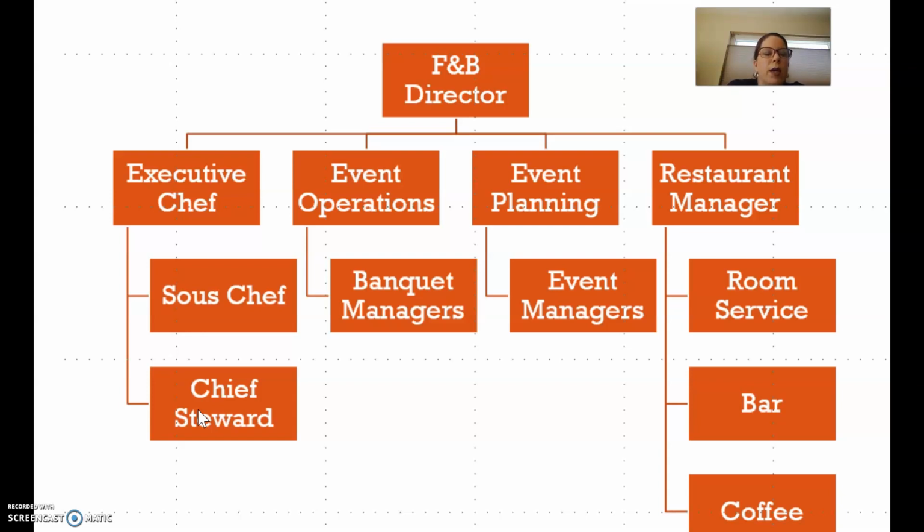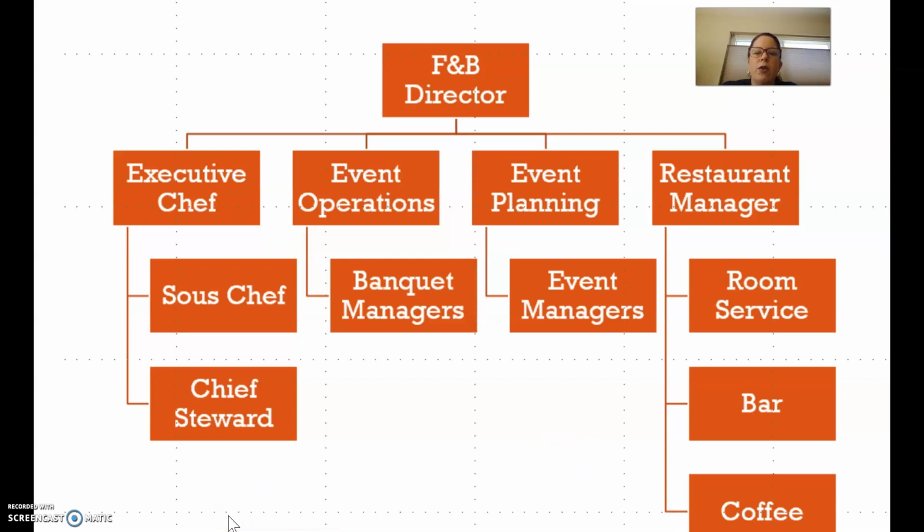That could be a restaurant, it could be room service or in-room dining, not as many hotels have that particular offering as they did pre-pandemic, certainly. There could be a bar, and there's a couple different types of bars, and you'll see a whole other page on different ways that bars are served, as well as a coffee shop or coffee kiosk, something like that.